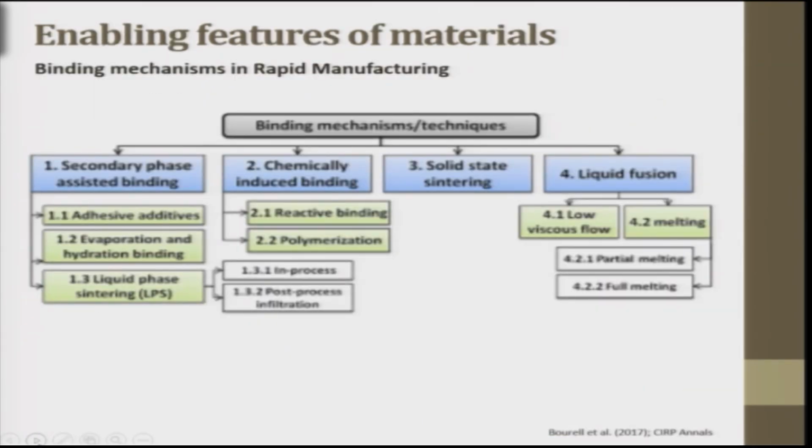Next, after discussing materials, let us come back to the enabling features of materials, binding mechanisms in rapid manufacturing. Binding mechanism techniques in rapid manufacturing are like these: secondary phase assisting binding, chemically induced binding, solid state sintering, liquid fusion.